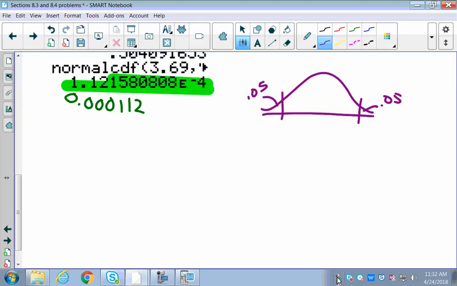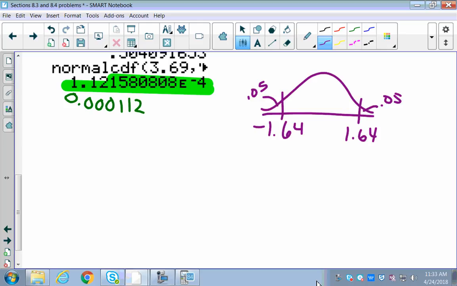I can't remember now. So negative 1.64 and positive 1.64. That's my critical values for Z.